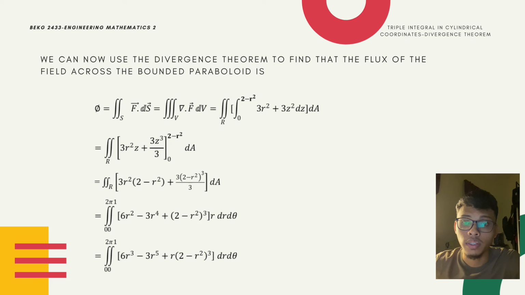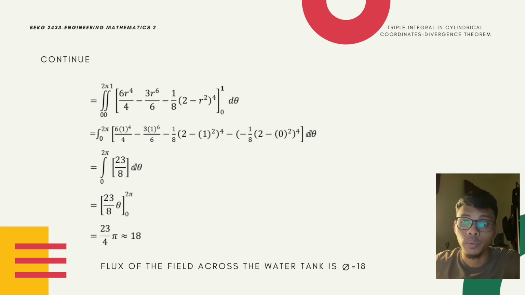Then we integrate that with limits 0 to 1, we get 23/6. Then we integrate the equation with respect to d theta with limits 0 to 2 pi. Then we get 23/6 times 4 pi... and the final answer is 18. So the flux of the field across the water tank is 18.